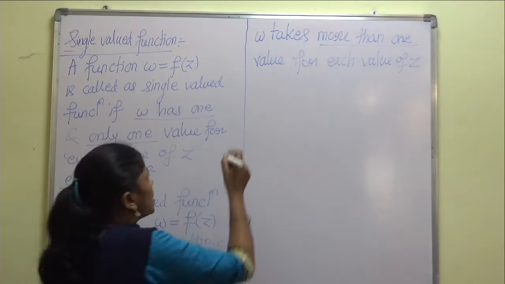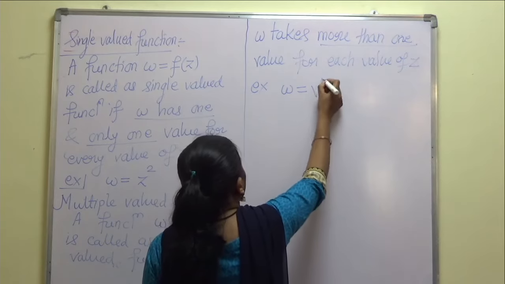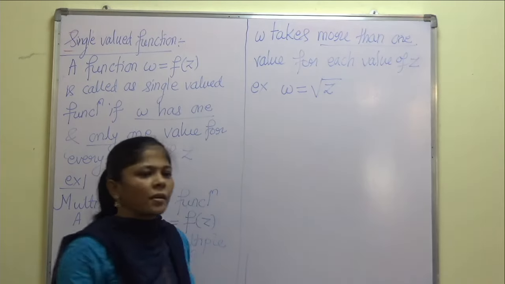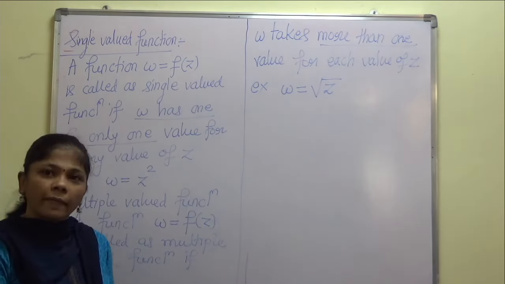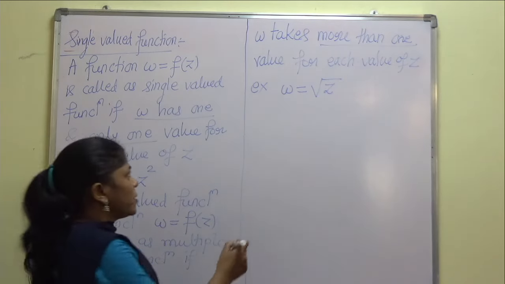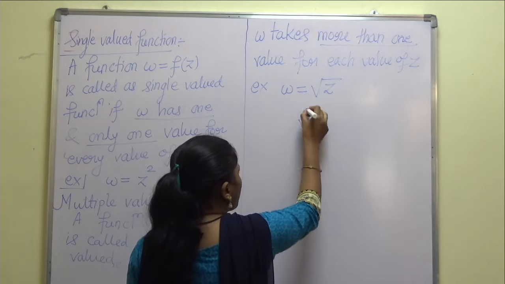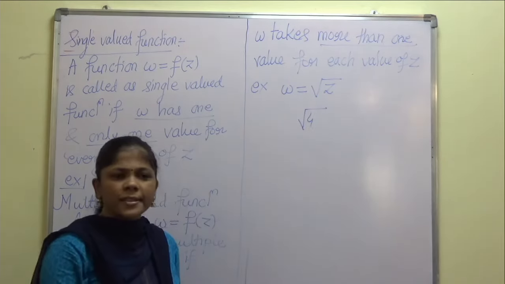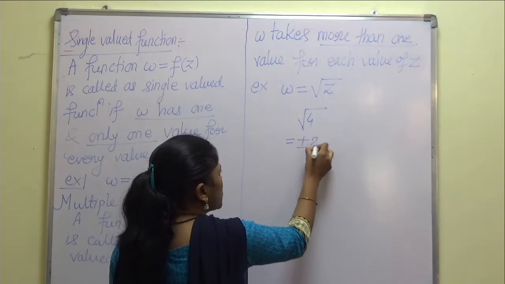The example is omega equal to root of z. Omega equal to root of z is a multiple valued function. You can check this. Suppose I take z as 4. So the square root of 4 will be plus minus 2.